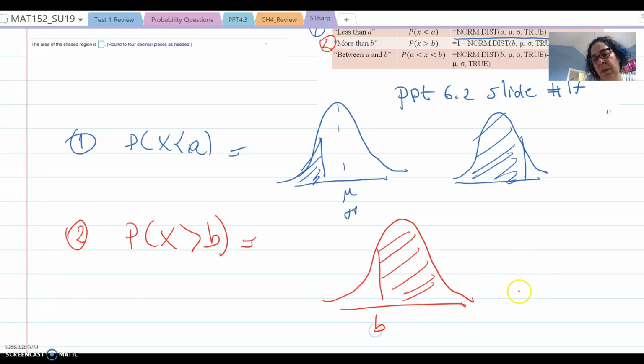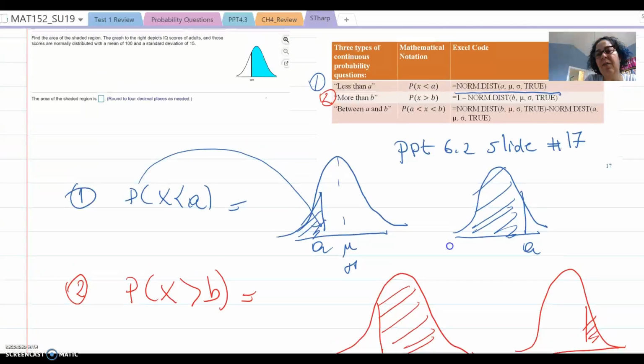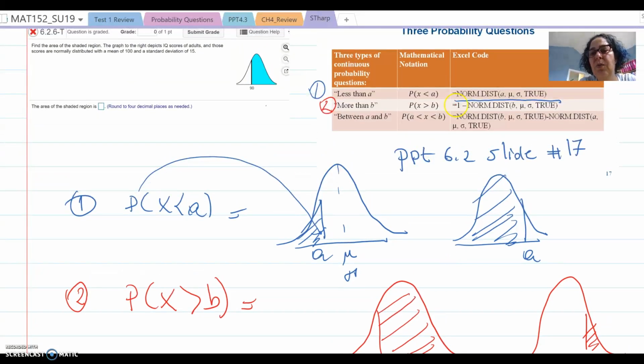B is your value here, or B is your value there. So you're looking for the area again. This was A and A. Probability means an area. So if it is B, it's like that, and that's the formula that you need to use. That's why you were pulling your hair out, if you will.